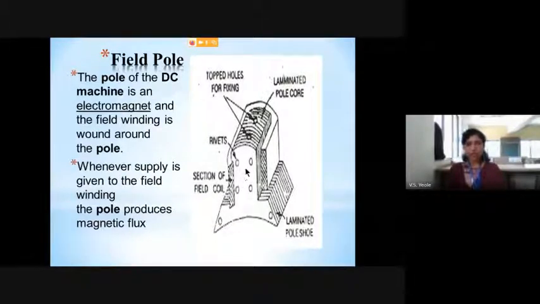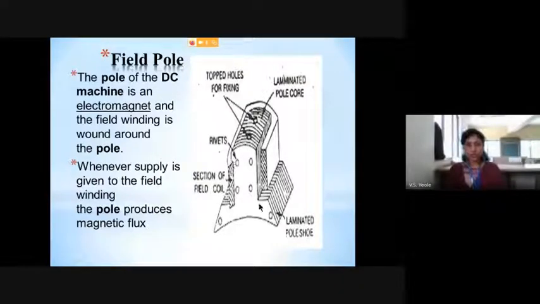Because if you switch on the motor and if the motor is on for a number of hours, its temperature goes on increasing. So we have to limit the temperature of the motor. That's why we have to use laminations in case of DC motor, so that the temperature inside the motor will be controlled automatically.